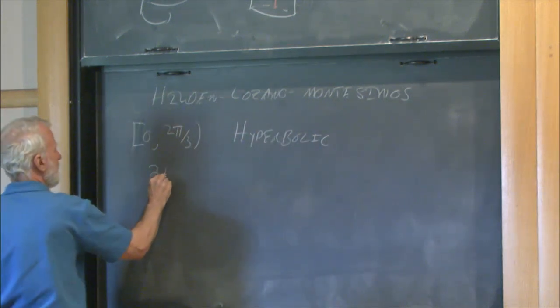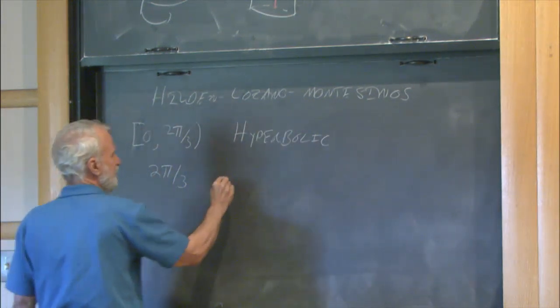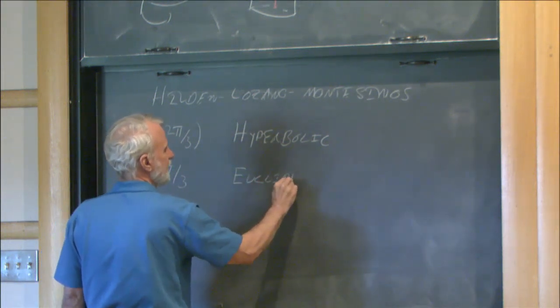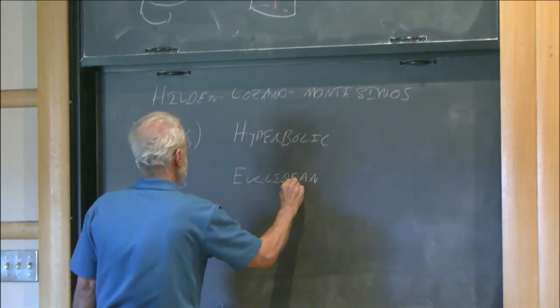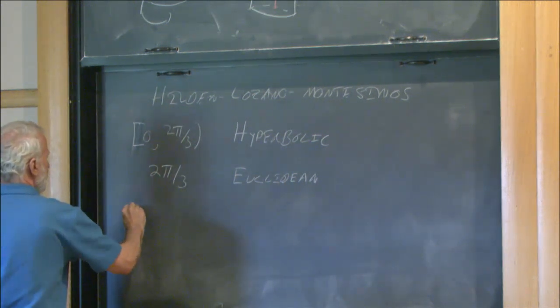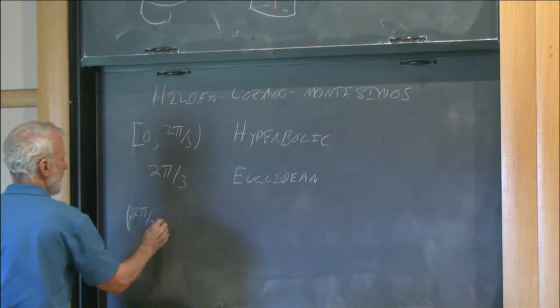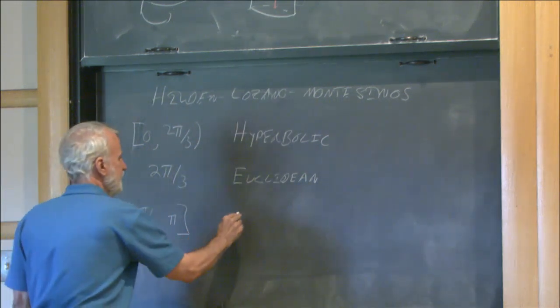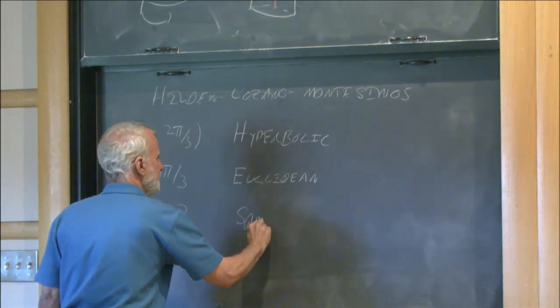At cone angle 2 pi over 3, there's actually a singular Euclidean structure. It's actually an orbifold structure. And then, up to say cone angle pi, there actually are singular spherical structures.